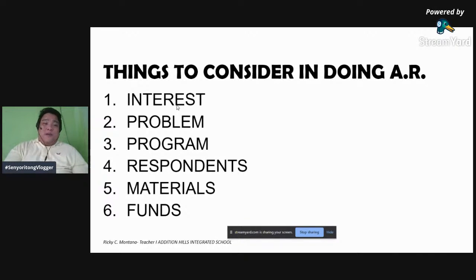Okay, next is a problem, because of course you have to identify the problem. Action research doesn't have to be like a thesis, where you have a very vague or very complicated problem.